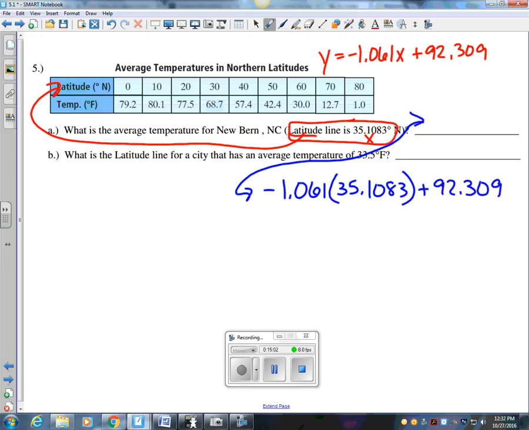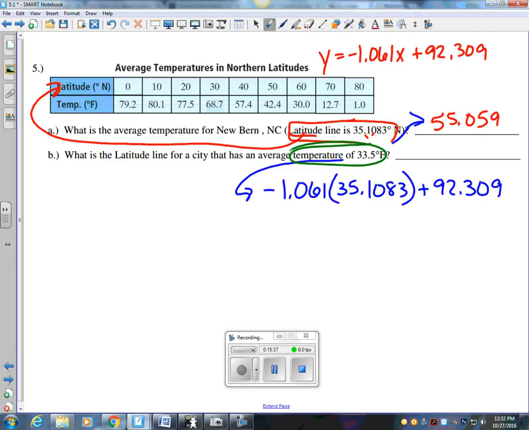I need to type that in my calculator. Negative 1.061, parentheses 35.1083, plus 92.309. And you get 55.059.